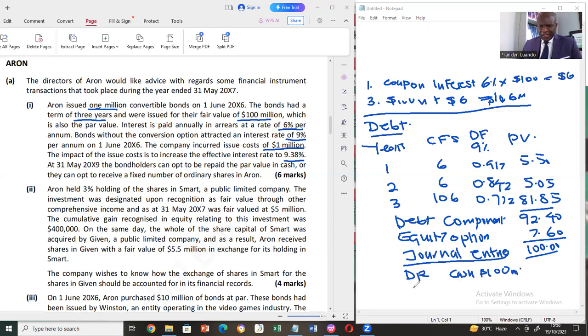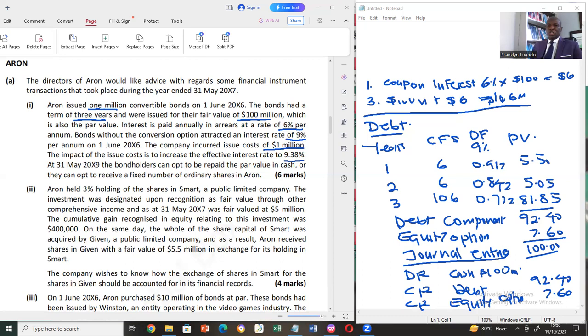Credit debt or liability, that will be 92.40. Credit equity option, that will be 7.60. So that will be the journal entry.